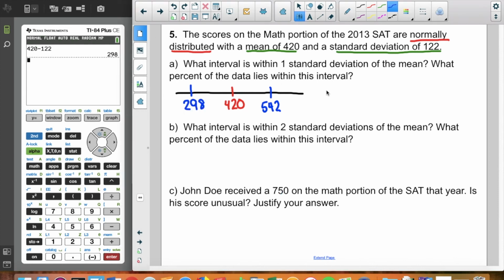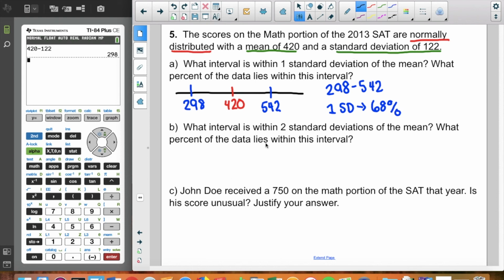So within one standard deviation, our interval is 298 to 542. And since it's one standard deviation away and it is normally distributed, that is 68% of our data.